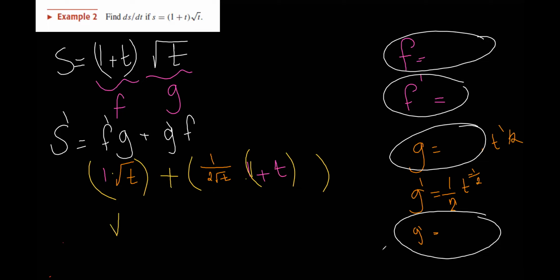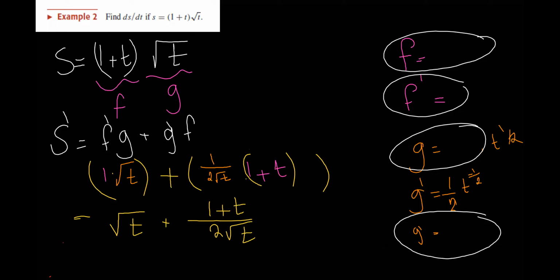1 times square root of t, plus 1 plus t times 1 over 2 square root of t. I rearrange it, I simplify it, and this is the final answer.